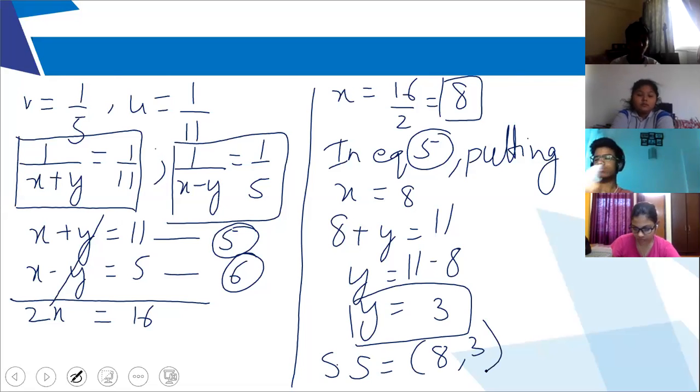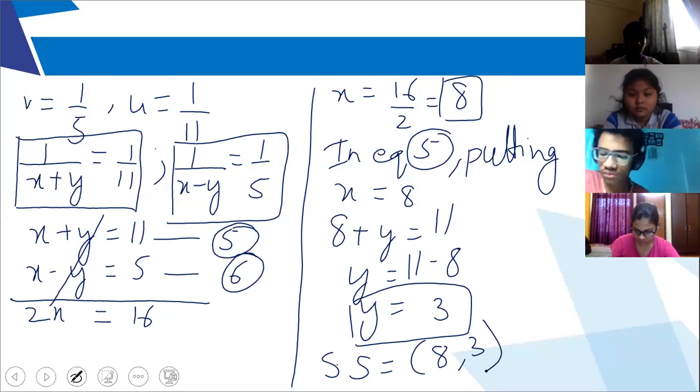Done, children? Understood, all of you? So two times you have to solve. One equation was with u and v, which you introduced. Another two equations were with x and y, which were actually there in the question. So it will be a two-step process most of the time if your assumption is not a simple one, because here every denominator was a combination of two variables, x plus y.